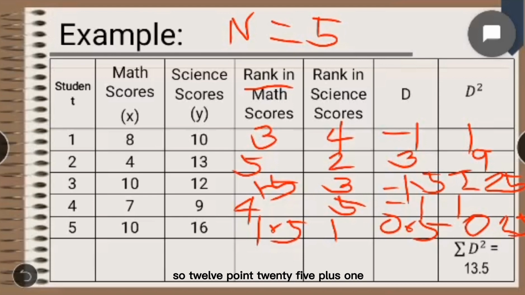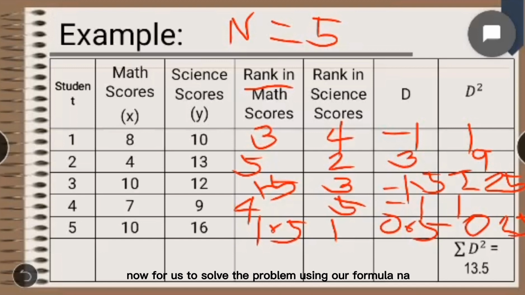So, 12.25 plus 1 is equals to 13.25. And 13.25 plus 0.25 is equals to 13.50, so magiging 13.5 siya. So that is the overall score of our table na binigay na sa atin for our problem.